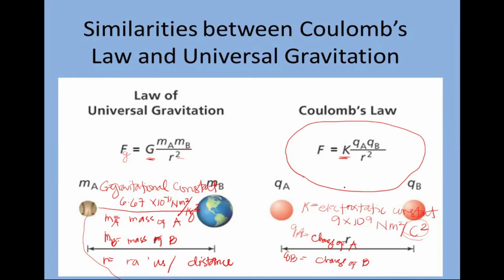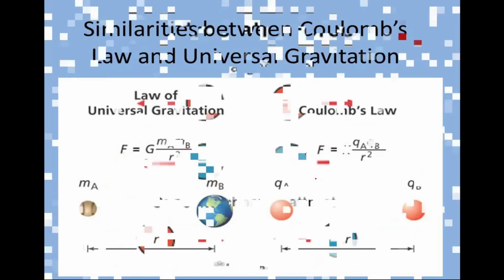And they have the same R, which refers to the radius. In addition, for the law of universal gravitation, we represent the gravitational force as Fg. For Coulomb's law or electrostatic force, we represent F as Fe, meaning the electrostatic force.